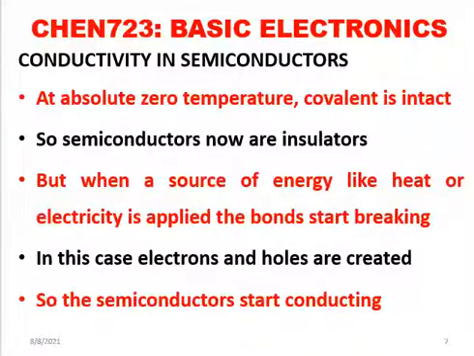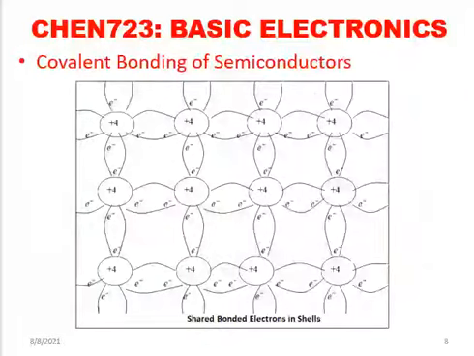If the bonds start breaking, we now have free charge carriers. Wherever an electron goes out, it has a negative charge, and the place where it has broken from is positive. We call that a hole. The electrons are now in the free conduction region, so the semiconductor is now behaving as a conductor because we have free charge carriers.